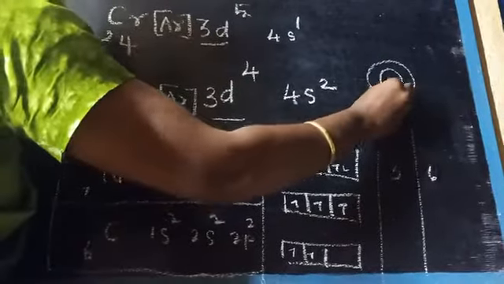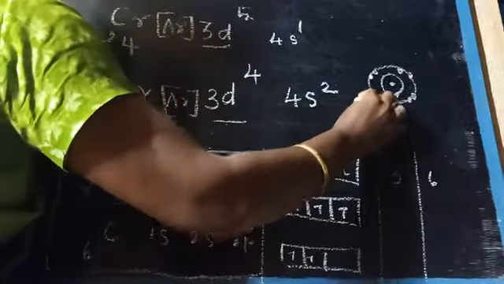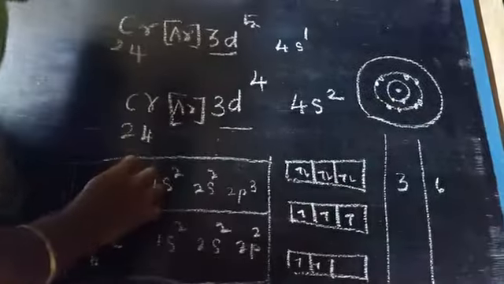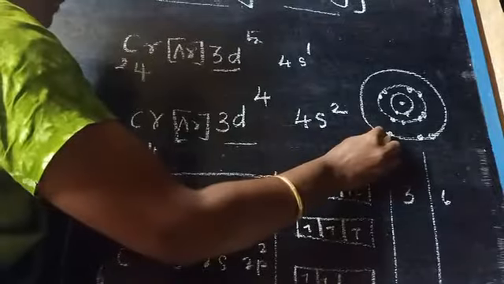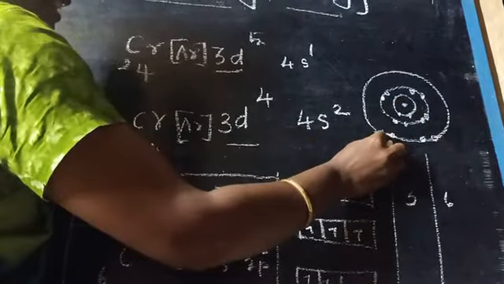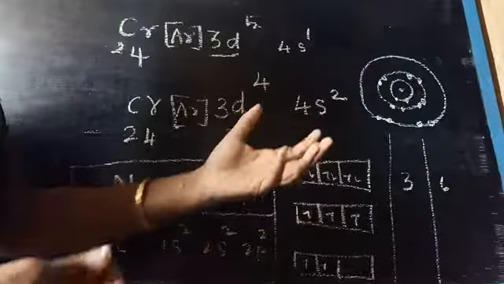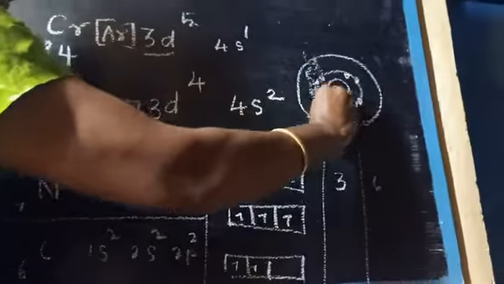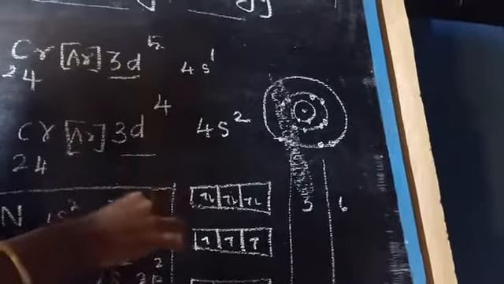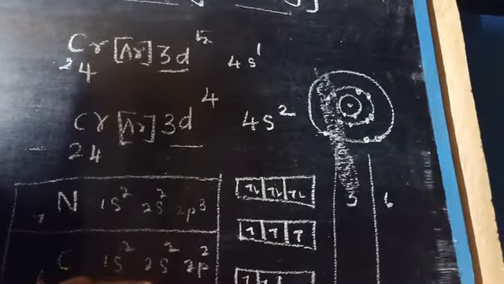Electrons are present in the inner shells and in the outer shell. The nucleus attracts the outer electron, but the previous shells' electrons form a shield, so the attraction is very little.